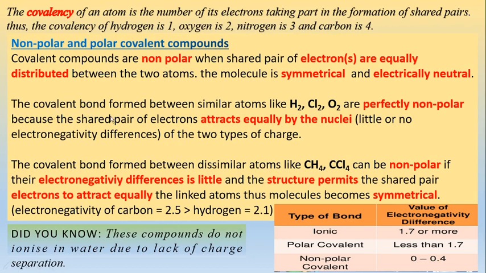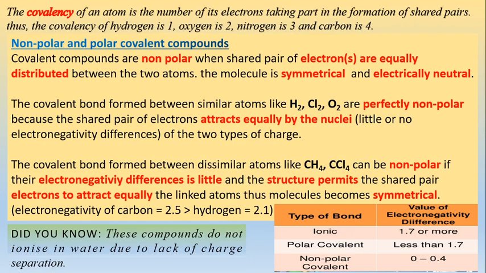Okay, the covalent bond formed between similar atoms like hydrogen, chlorine, oxygen. These are all examples of covalent bonds. They occur with similar atoms like two hydrogen atoms, two chlorine atoms, two oxygen atoms. These are considered perfectly non-polar bonds because the shared pair of electrons is attracted equally by the nuclei.